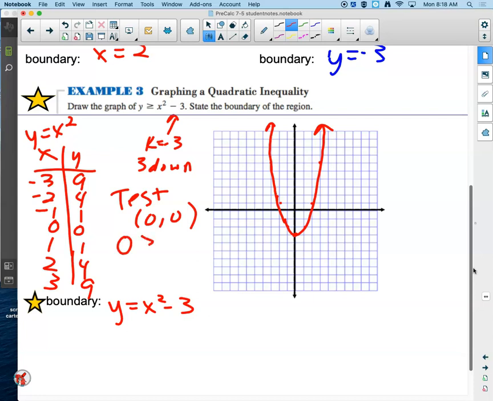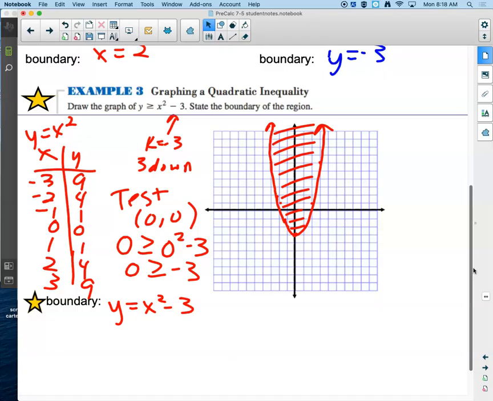So 0 is greater than or equal to 0 squared minus 3. 0 is greater than or equal to negative 3. Well, 0 is greater than or equal to negative 3, so we need to shade inside our parabola. Because there's only 2 choices. You're either shading inside or you're shading outside. So if it works, that's where you shade.